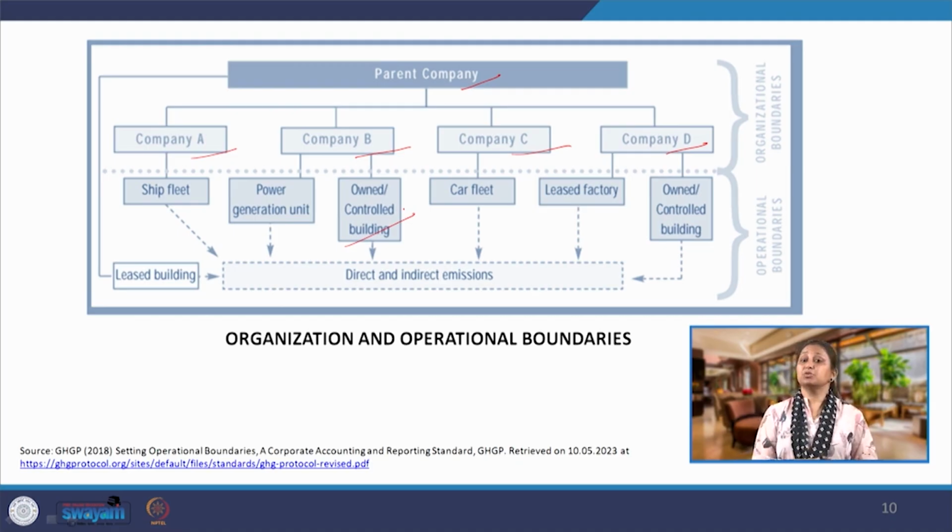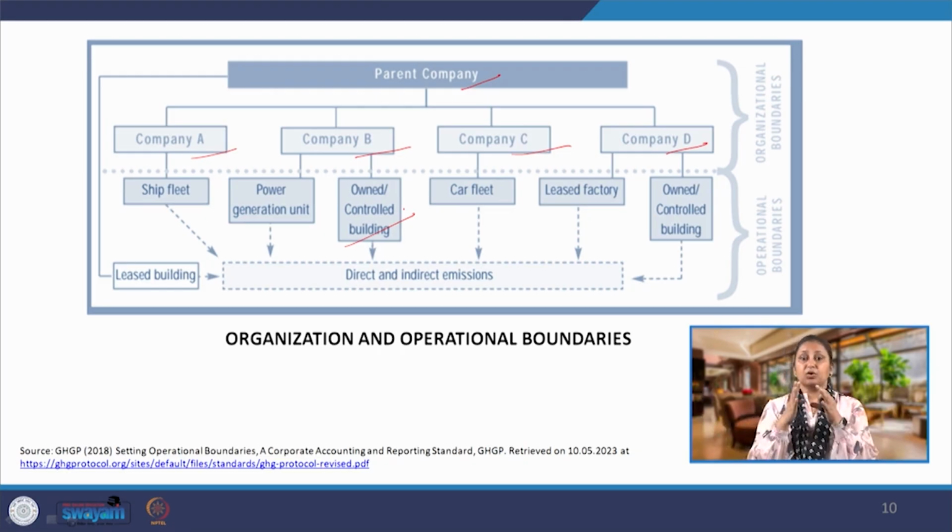For example, IIT Roorkee has 3 campuses. IIT Roorkee has the main campus, which is situated in Roorkee, and it also has another campus in Saharanpur and a third campus in Greater Noida. Now, as an organization, we have these 3 campuses.